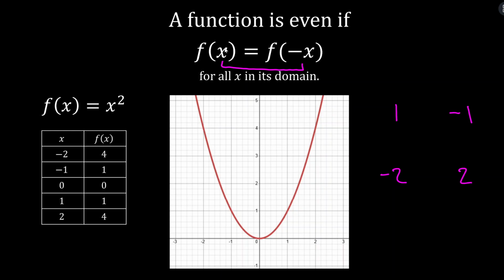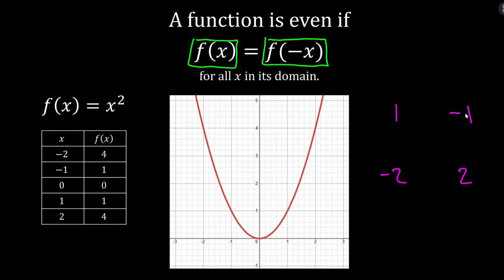So we're taking inputs or x values that have the opposite sign, but this equation isn't relating directly to x values. It's relating outputs, or y values. It's saying f of x, that's the y value when the input is x, is equal to f of negative x. One way to think about what this statement says is that if we have two inputs of opposite sign, then their outputs are equal.